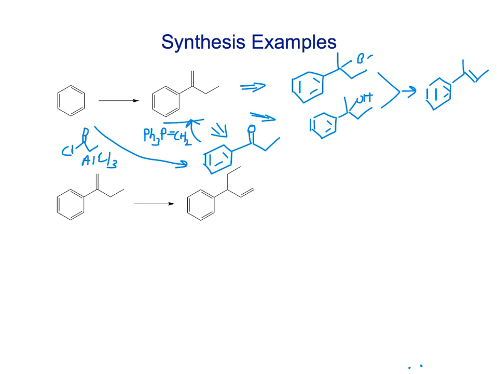Now, if we want to carry on further from there, now we have an alkene that we can do all kinds of alkene chemistry on. So let's see if we can convert that product from the top one here into this compound over here. Right, so the first thing always to do in synthesis is to try to figure out which carbons correspond to which when we compare the structures.